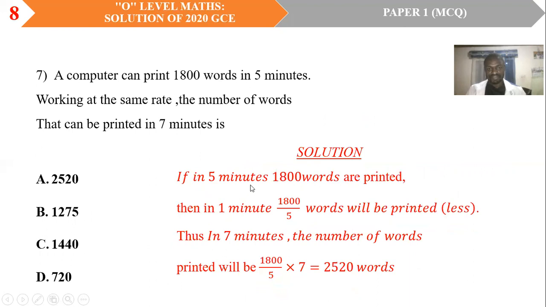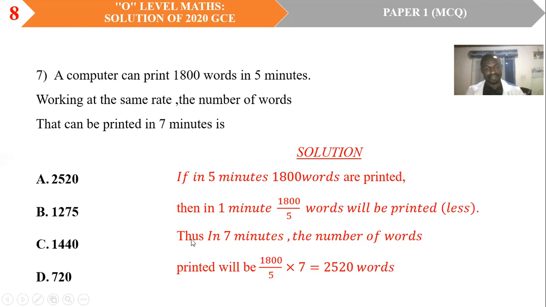If in 5 minutes, 1,800 words are printed, then in 1 minute, we expect to have fewer words printed. And fewer words means that we divide 1,800 by 5.